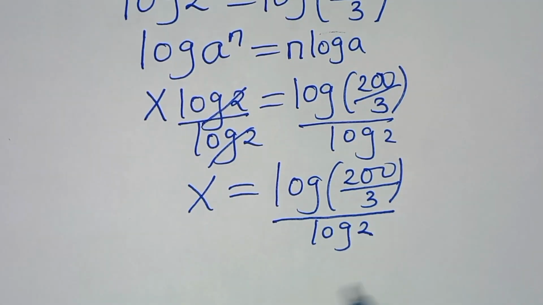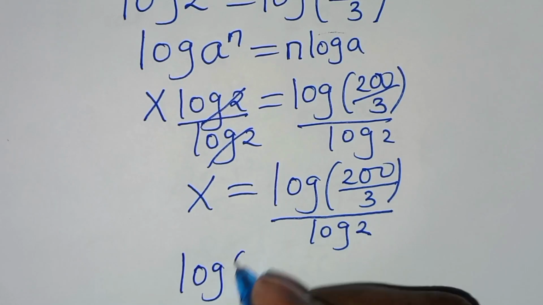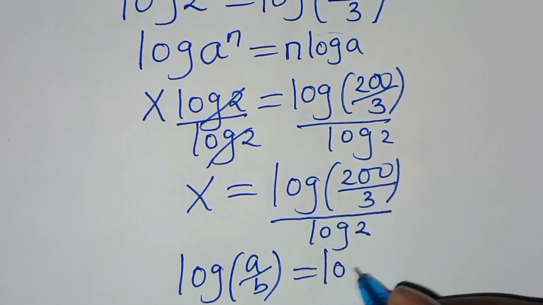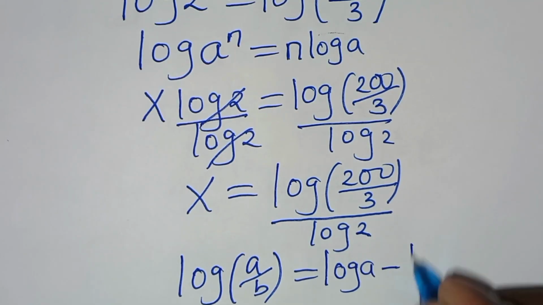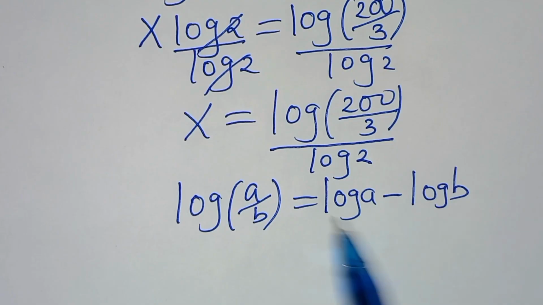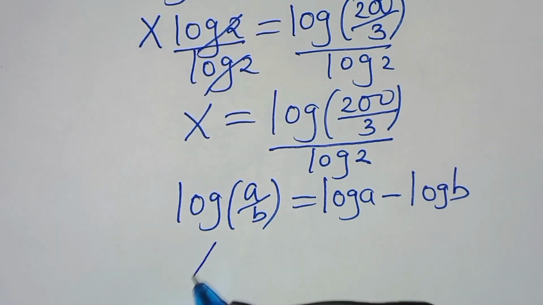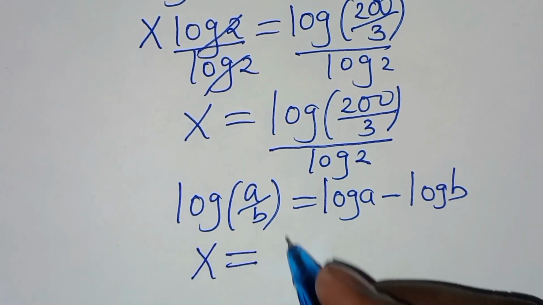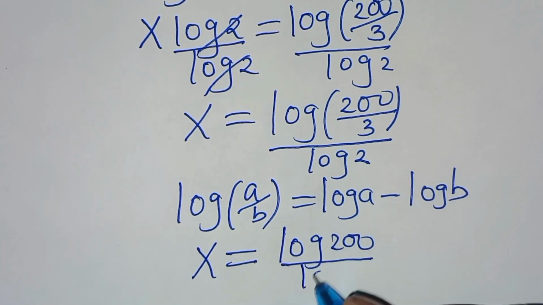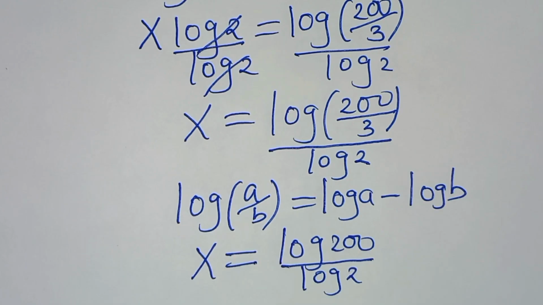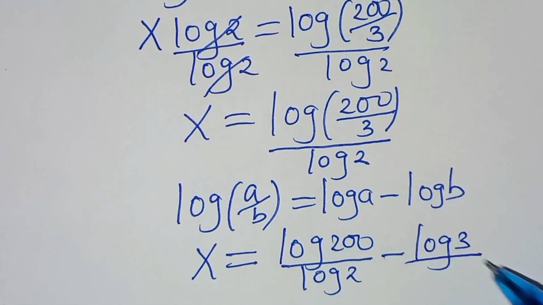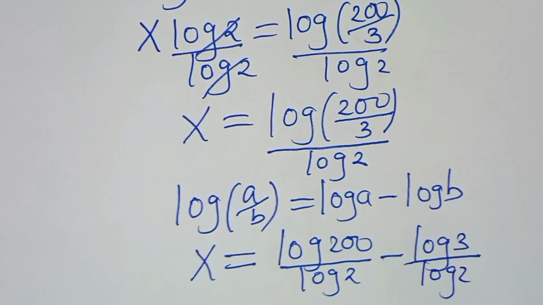Log 200 over 3, this is in the form of log a over b, which we can express as log a minus log b. Applying this logarithm property, then x will be equal to log 200 divided by log 2, subtract log 3 divided by log 2.